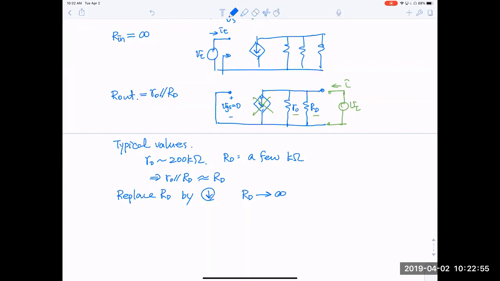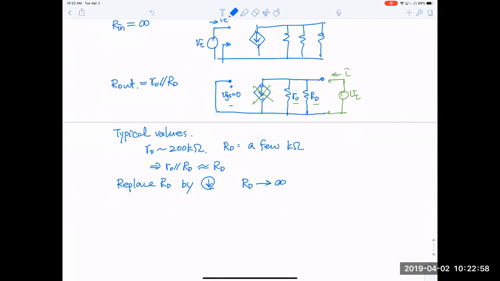It's basically an open circuit in AC. In this case, your output resistance will become r0 in parallel with RD, which is really infinity, so it's basically r0. r0 is not infinity, but it's 200 kilo ohm. It is like 100 times larger than what you get with a circuit element. So that's why the current source bias gives you a desirable feature here. Okay, so far so good.